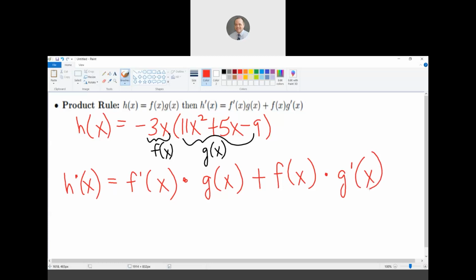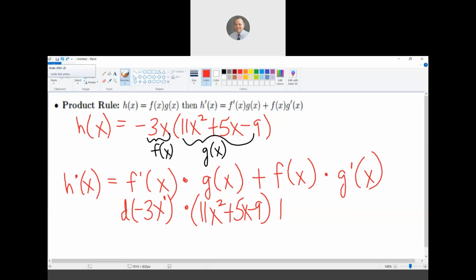All right, the derivative of f means we're taking the derivative of negative 3x to the first power times the original g plus the original f, and I can erase that plus sign since our original f is negative, times the derivative of g.